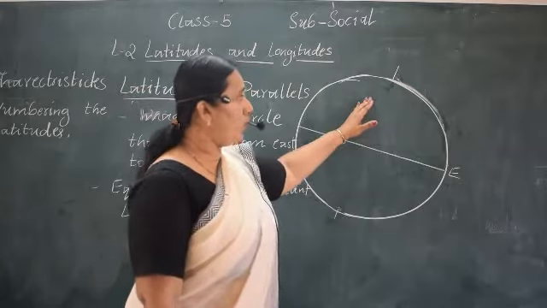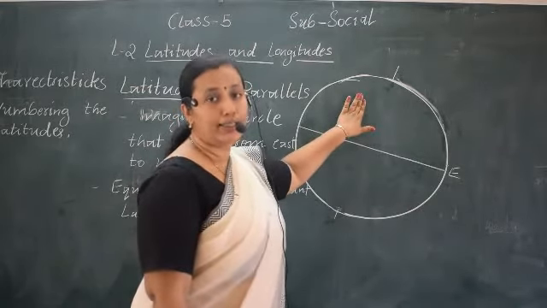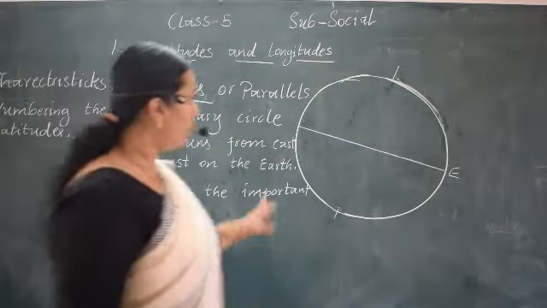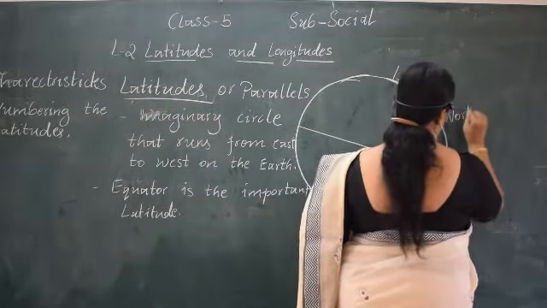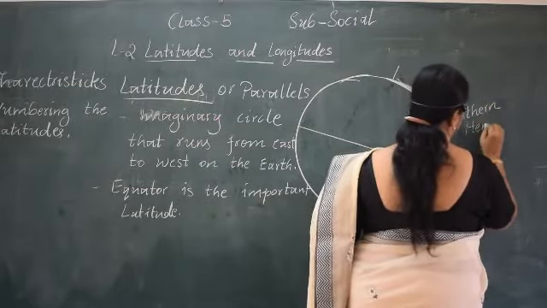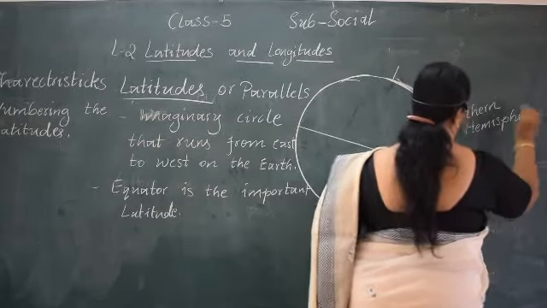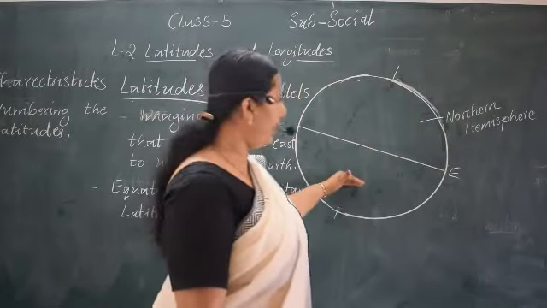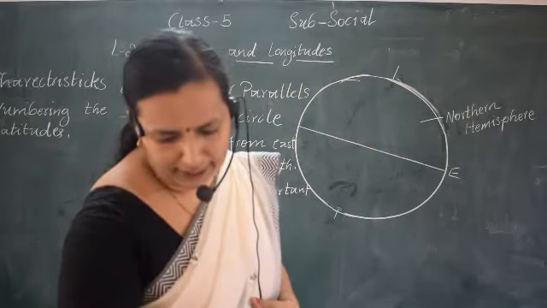The uppermost part is known as the northern hemisphere. What is this uppermost part? I will write here, children, this is known as northern hemisphere, and the lower part is known as southern hemisphere.